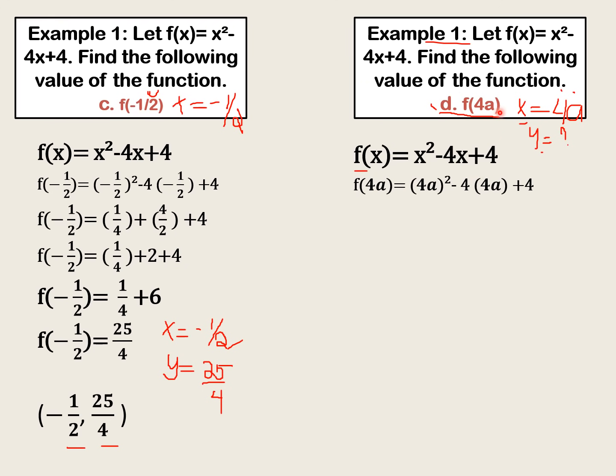And according here, we have x, which is equal to 4a. Tama? So, lahat ng x dito, papalitan ko ng 4a. Okay? So, f of 4a, or function of 4a, equals 4a squared minus 4 multiplied by 4a plus 4.